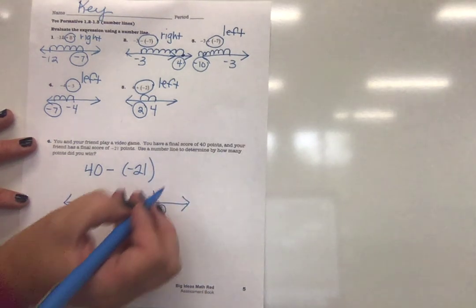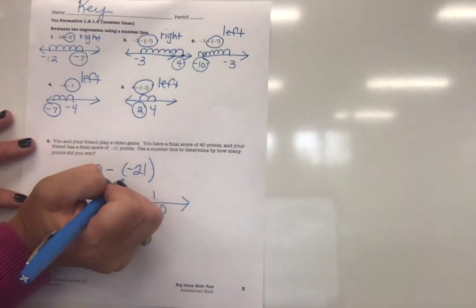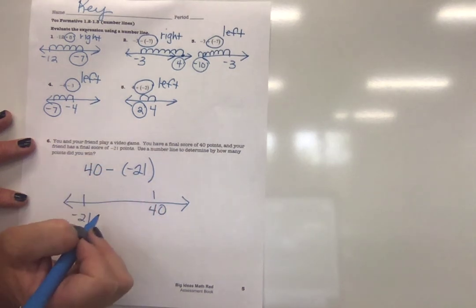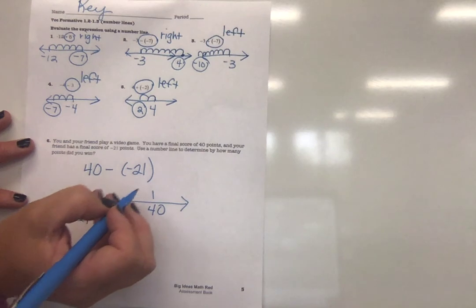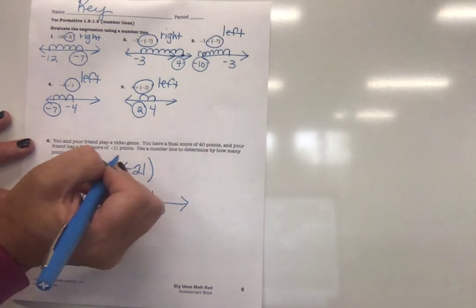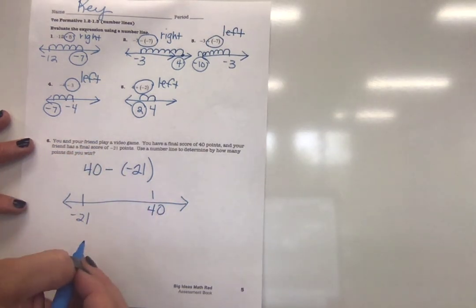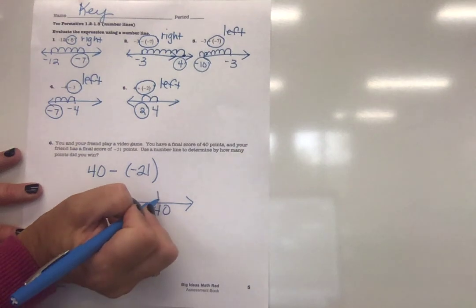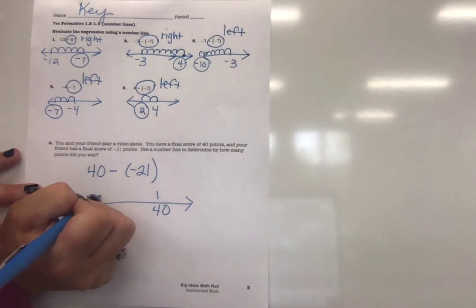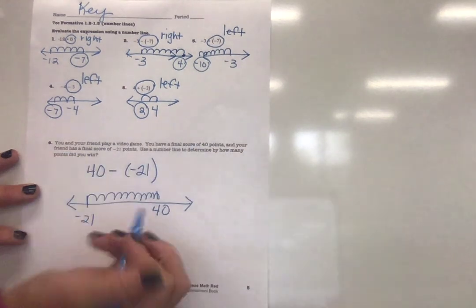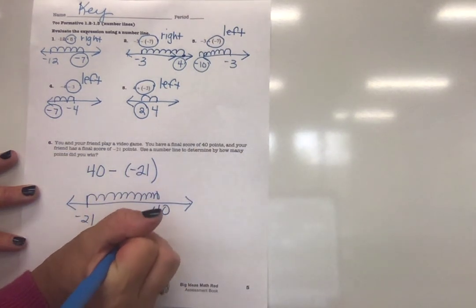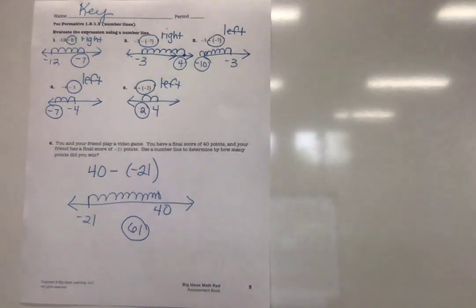And I won by a difference of, if it was negative 21, I'd be going to the left. But because it is the opposite of left, I'm going to the right. So I am going to go 1, 2, 3, 4, 5, 6, 7, 8, 9, 10. I'm going all the way over, and my answer is 61.